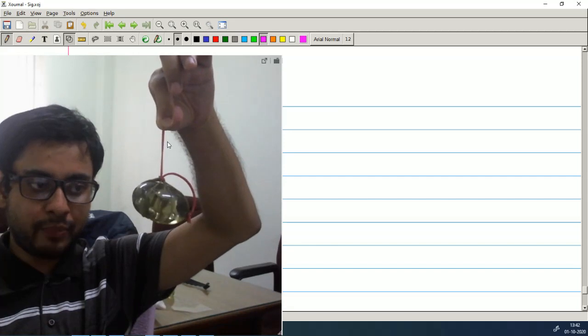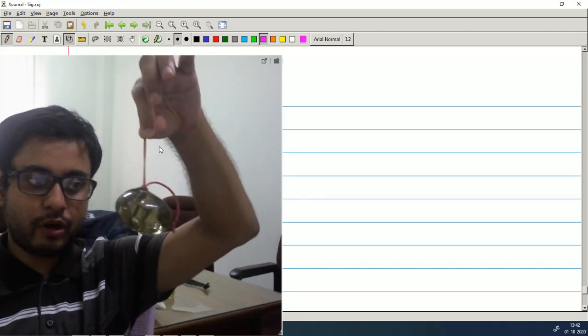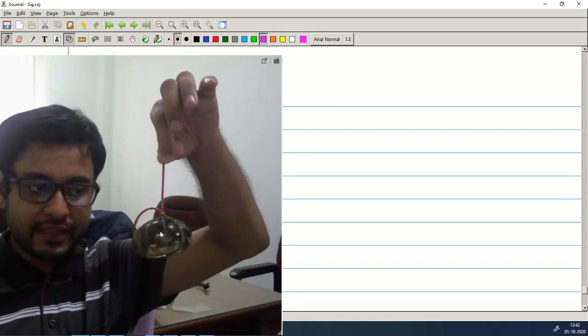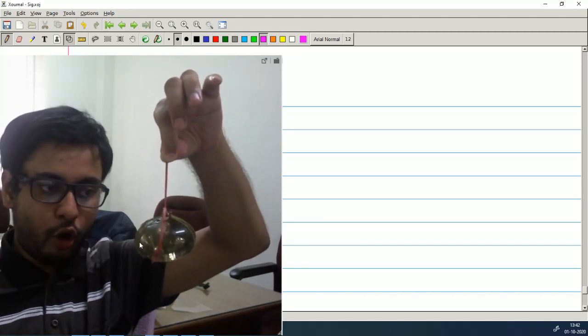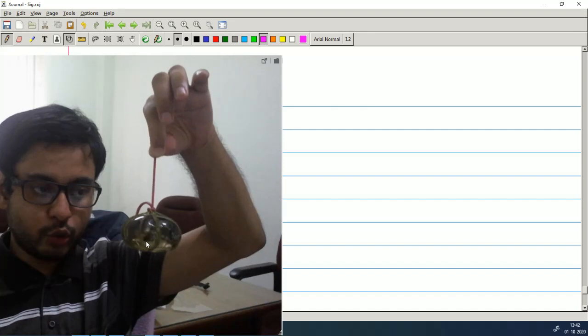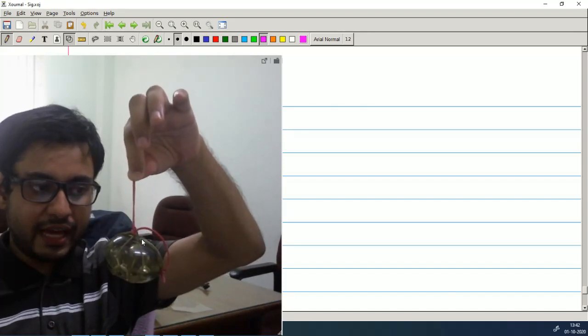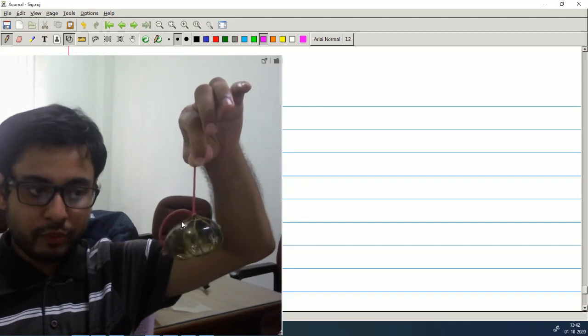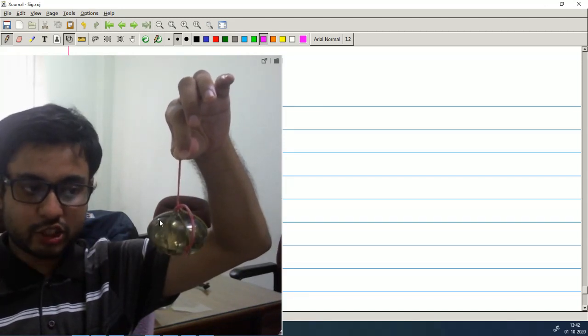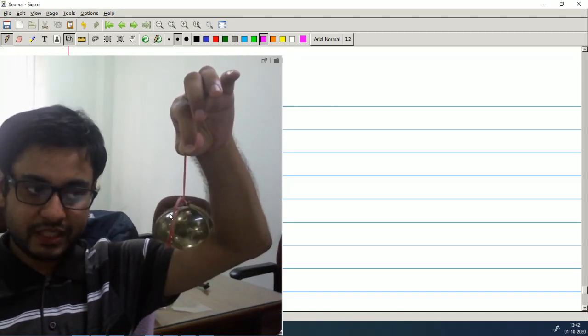I can move it up or down, and then the position of this weight also changes, it goes up or down, and this position from some reference level is considered as the output.